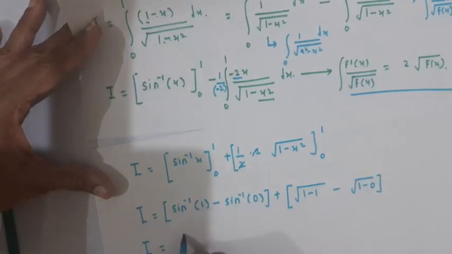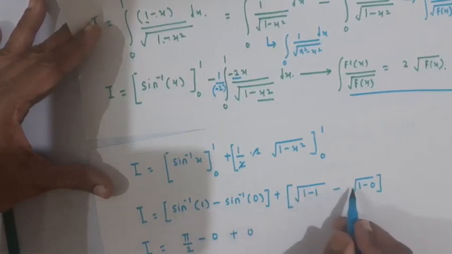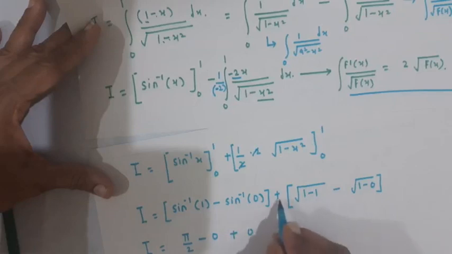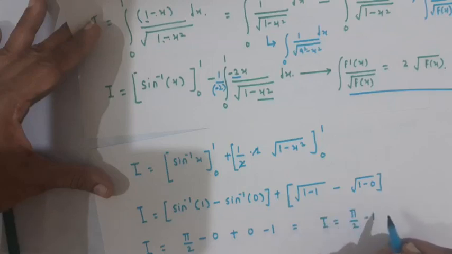Sine inverse of 1 is π/2, minus sine inverse of 0 which is 0, plus √0 which is 0 minus √1 which is 1, that is −1, and hence I = π/2 − 1.